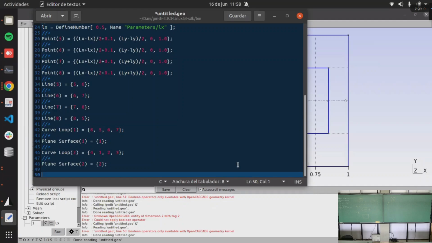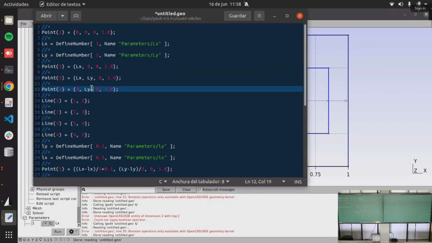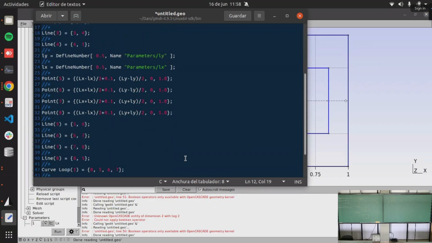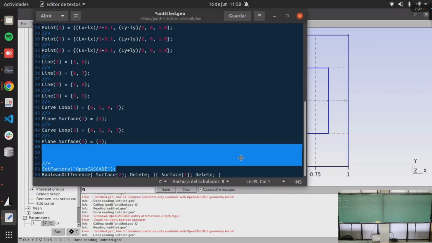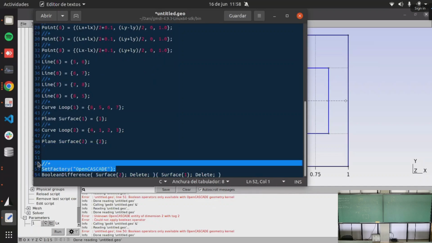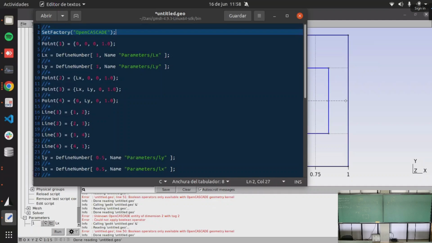I think for the Boolean you need the Open Cascade. I had the Open Cascade at the beginning. Oh, I didn't have it. Okay, yeah, I have to have this at the beginning of the script.